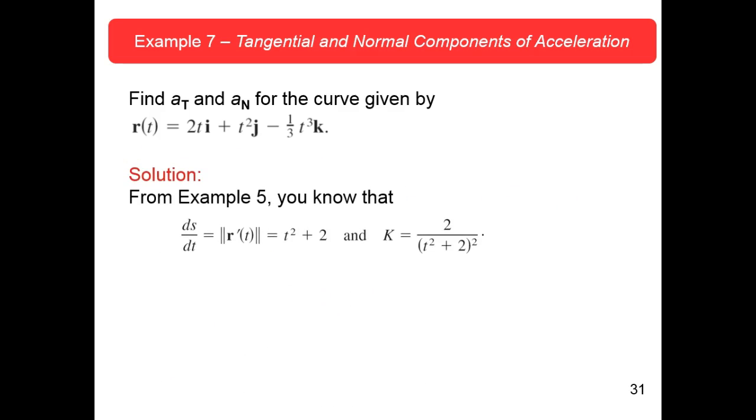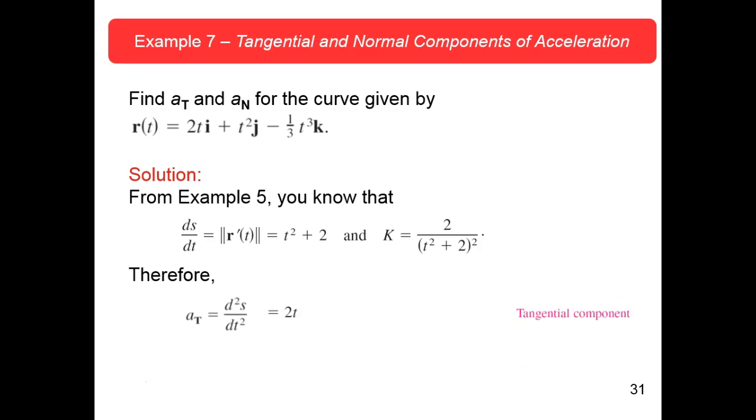Okay, from example 5, you know that ds dt is equal to t squared plus 2, and your kappa was 2 over t squared plus 2 quantity squared. So your tangential component of your acceleration is the first derivative of your ds dt, which would be 2t.